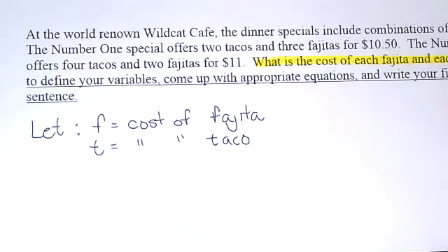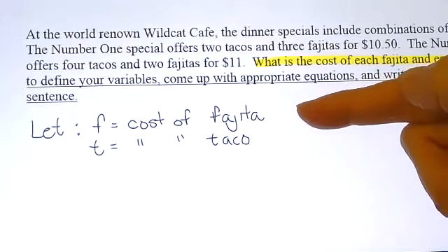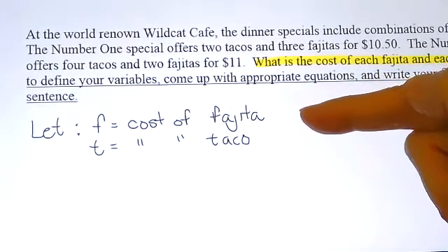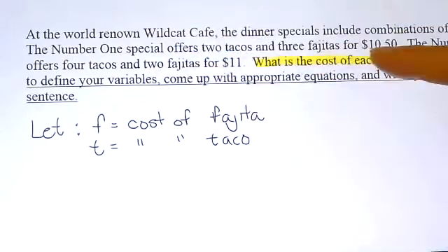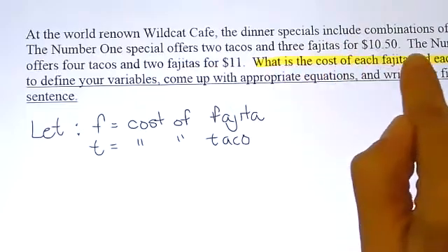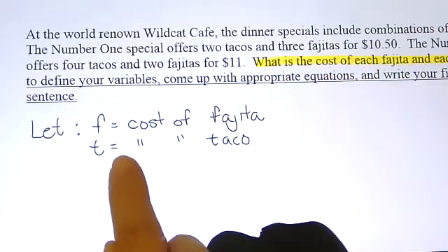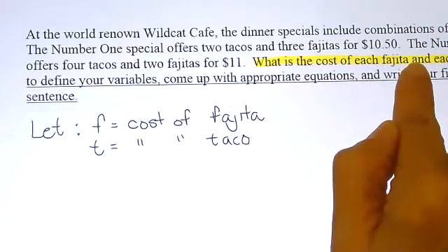So don't just say F is fajita, T is taco. What about the fajita are we finding? Sometimes it's how many, but in this case, it's the cost. We're not trying to figure out how many fajitas somebody bought. We know how many fajitas go into each special, but what we're trying to find is the cost. So read the question and make sure that you define your variables based on what it's asking.